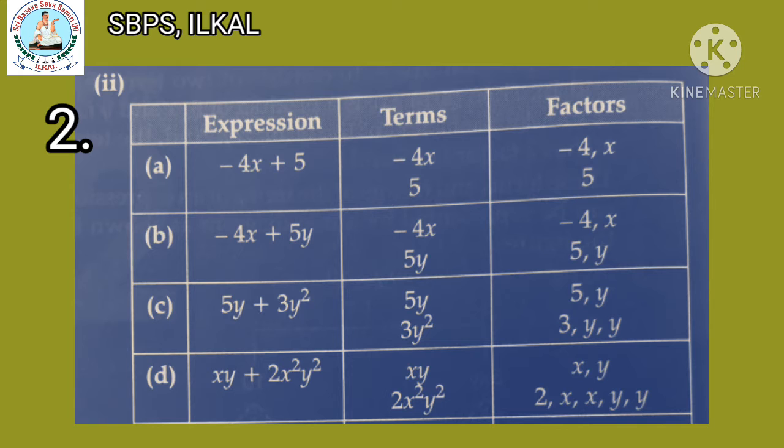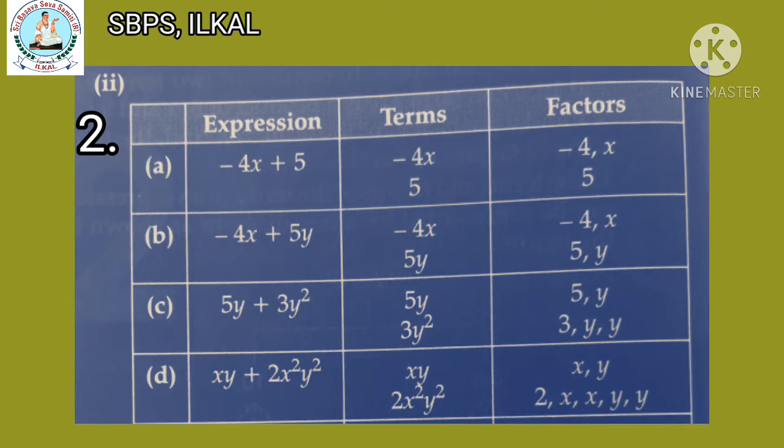Here there are two terms, those are 5y and 3y square. Factors for 5y are 5 and y. Factors for 3y square are 3y and y because y square, it is a product of y into y. Fourth expression, xy plus 2x square y square.